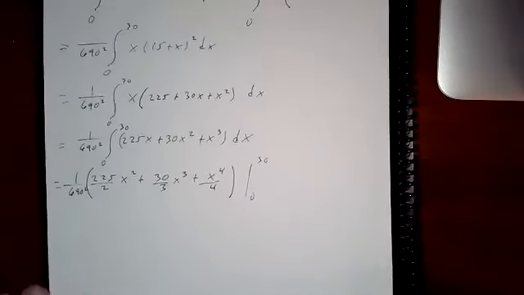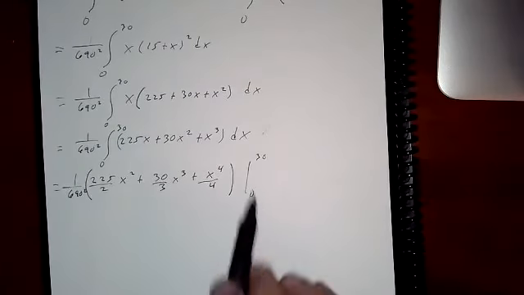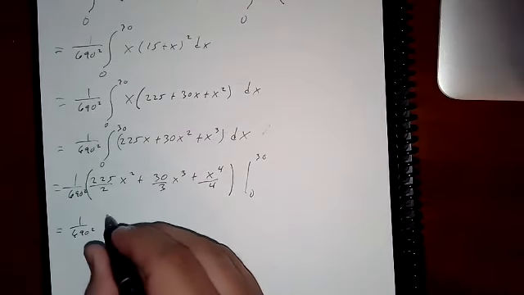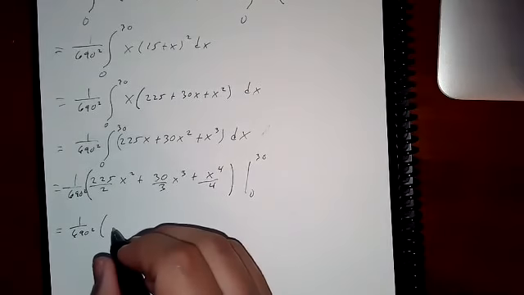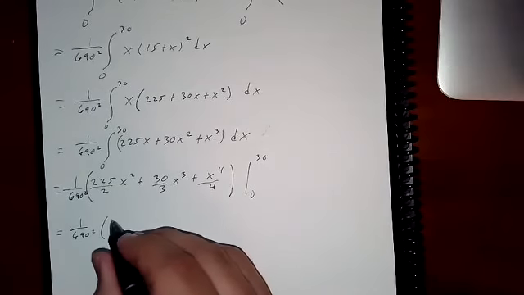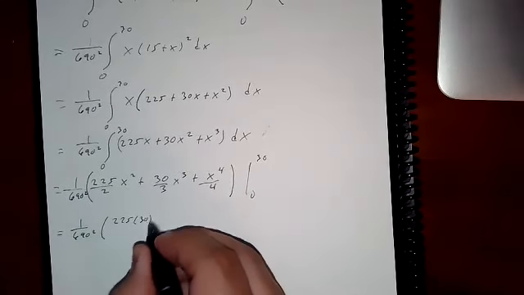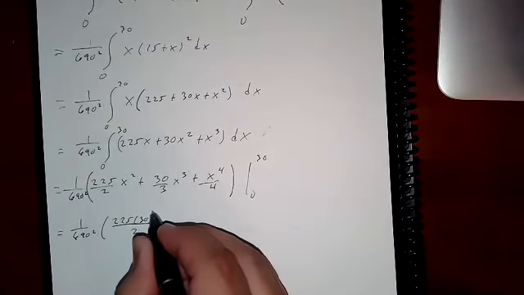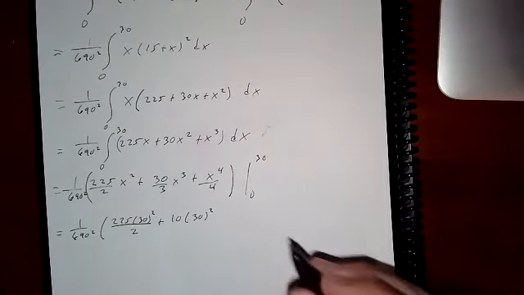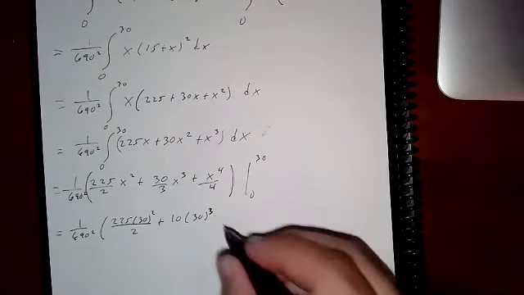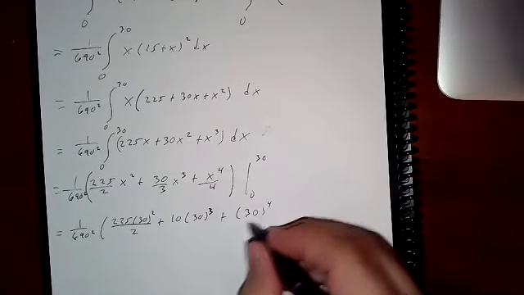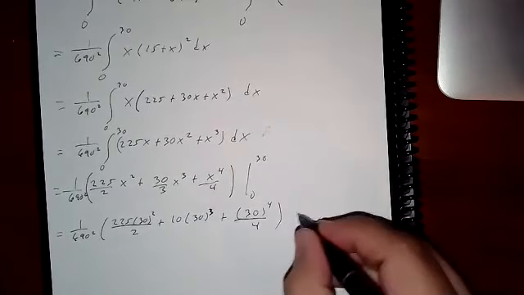Right? So then plug in the 30 in there and see what happens. 690 squared times all this stuff. I don't believe that. 225 times 30 squared over 2 plus 10 times 30 cubed plus 30 to the fourth, minus 0.